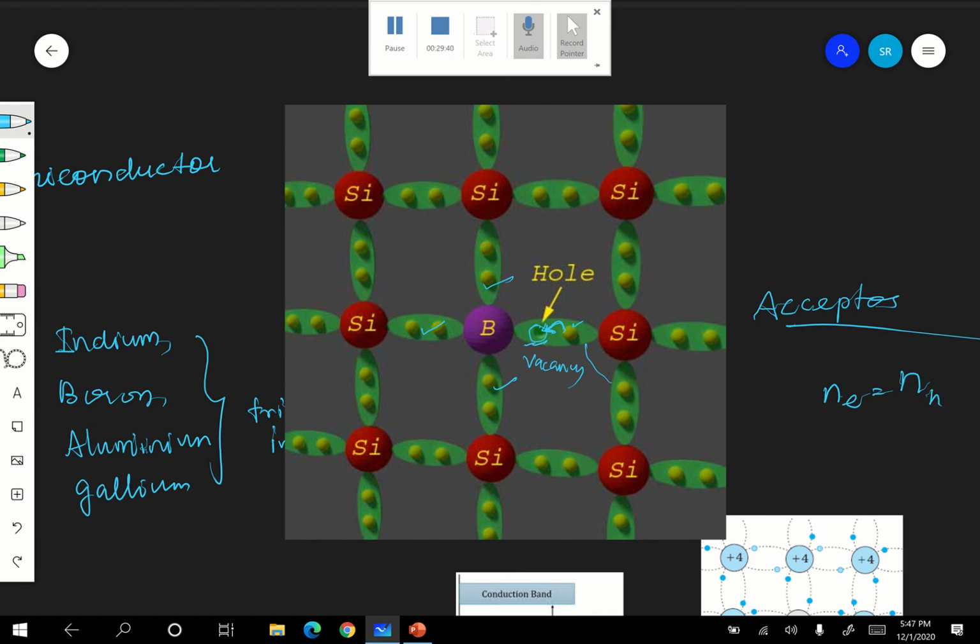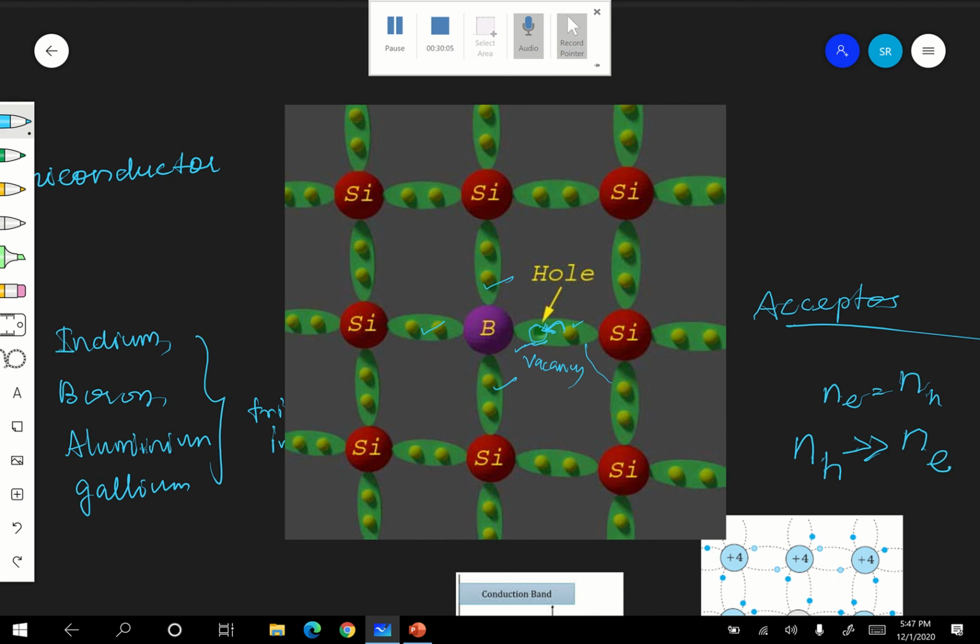In addition to that, in the valence band one more vacancy, a hole, is created because of the addition of the acceptor atom. Therefore NH, the number of holes in the valence band, will increase. It will be more than the number of electrons in the conduction band.